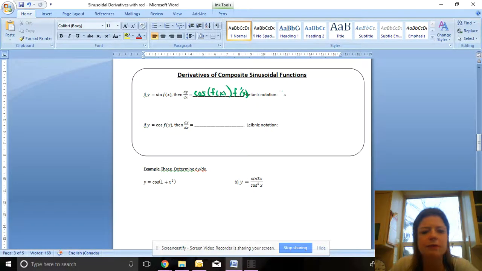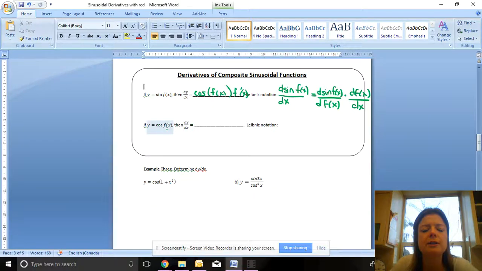So the Leibniz notation for that then is the derivative of sine f at x, where we're treating x as the variable, is the derivative of sine f at x, where f at x is the variable, times the derivative of f at x, where x is the variable, dx. Okay, so that's the Leibniz notation, which is the same as this.